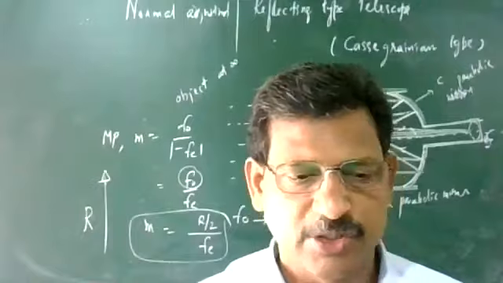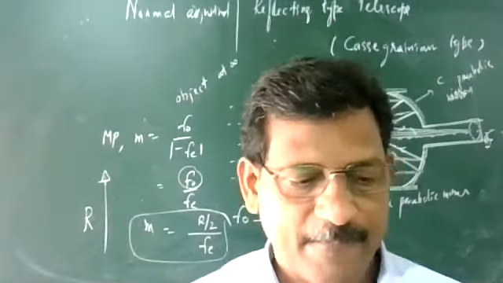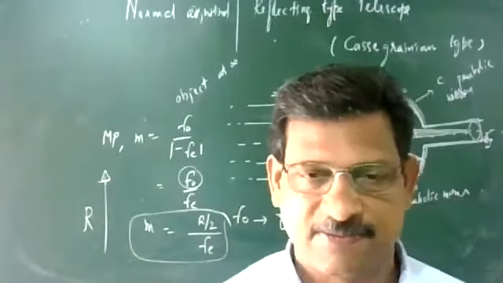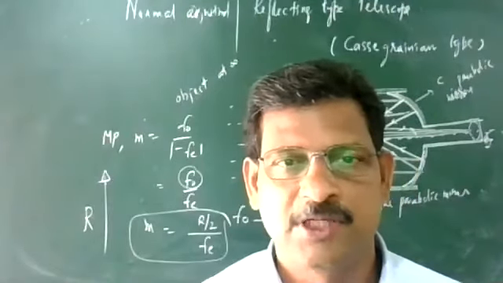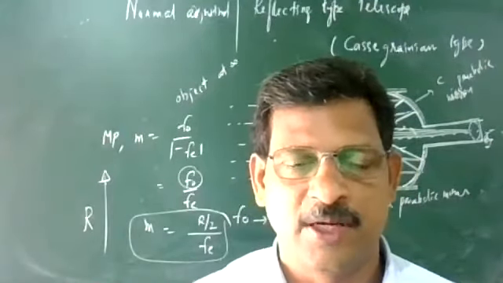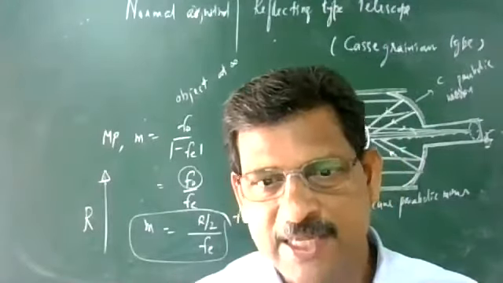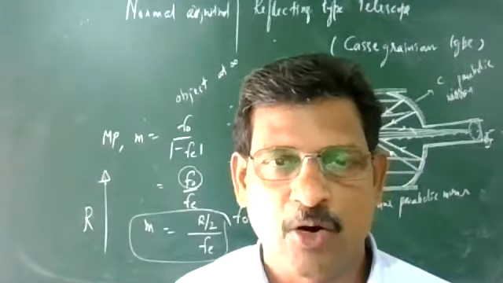Another important thing is that if you want to design a mirror and a lens of the same size, say 10 meters, a lens requires a huge amount of material.